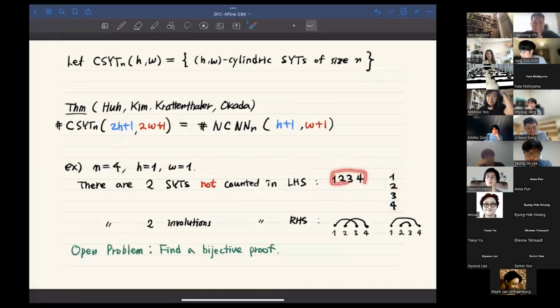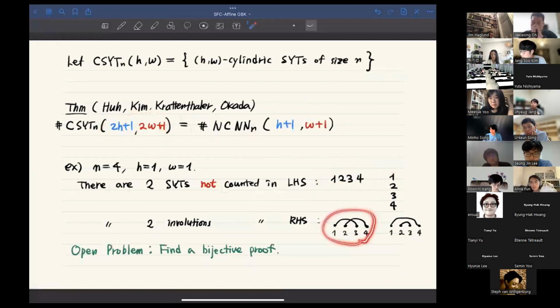So we have these two examples that are not counted by this. For non-crossing non-nesting, if h equals 1 and w equals 1, we have two involutions not counted, because this has a crossing and this has a nesting. It must have non-crossing and non-nesting. So that tells us the case for h equals 1, w equals 1, n equals 4.